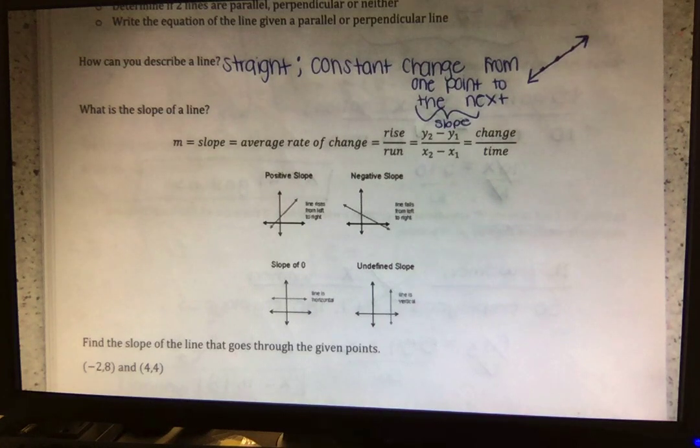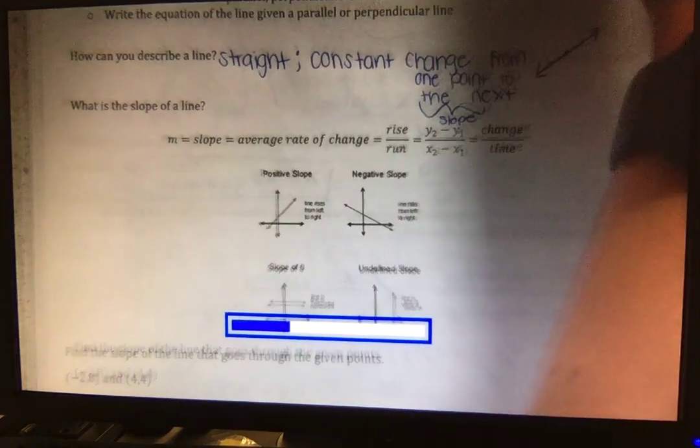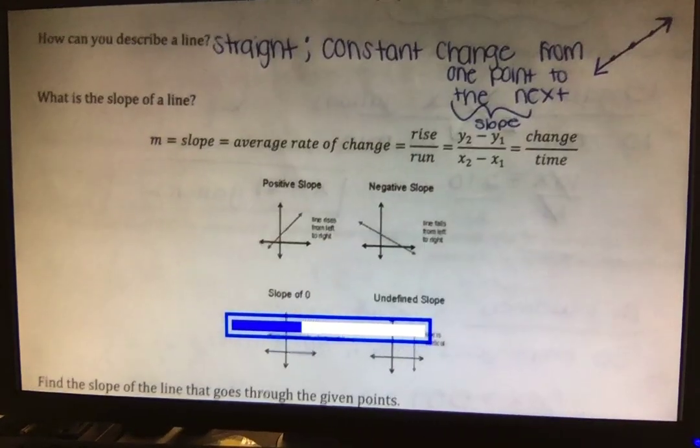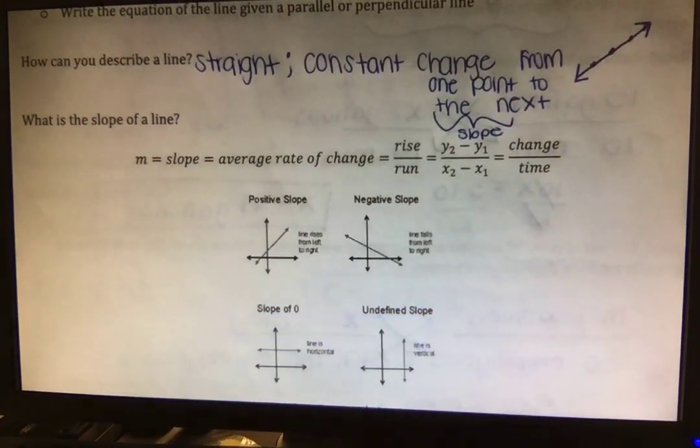So with that being said, we talk about slope. Slope is the change to get from one point to the next. We've dealt with slope before in this class, and I know you've done it before coming to this class. If you were outside of a math class and trying to explain to someone what slope means, what's another word for slope?